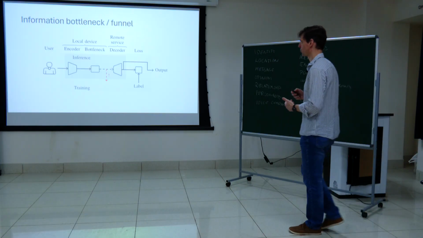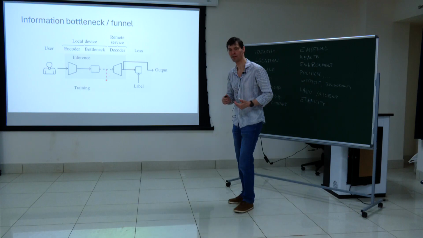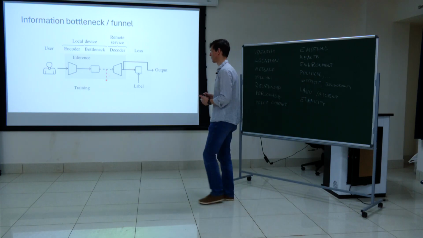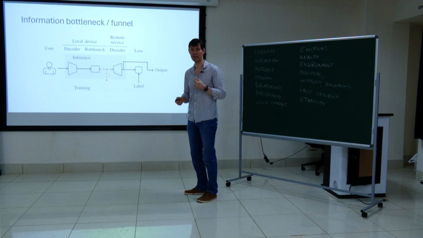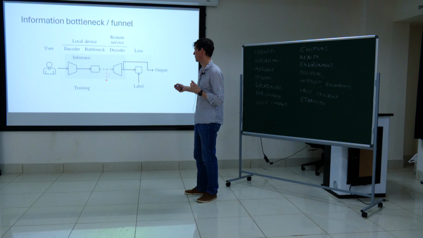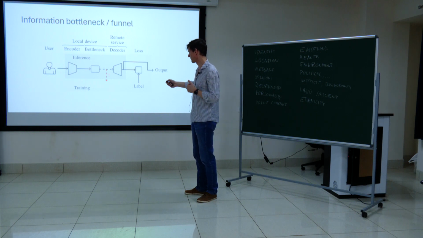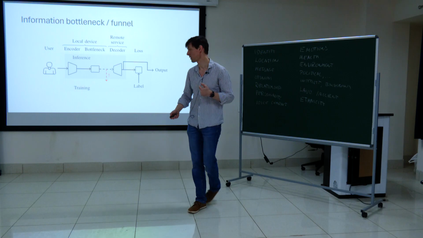So, information bottleneck. This now looks technical, but it doesn't have to be so difficult. The machine learning people will know this as an autoencoder structure. So what we have here is a machine learning model. This whole gray box here is the machine learning model, and we think that this part is at the local device, and then the decoder part is in the cloud service.